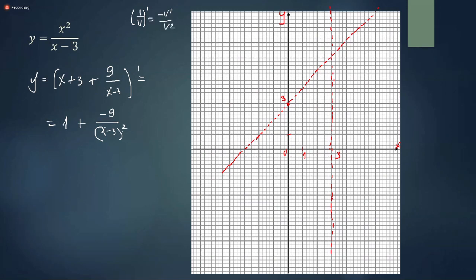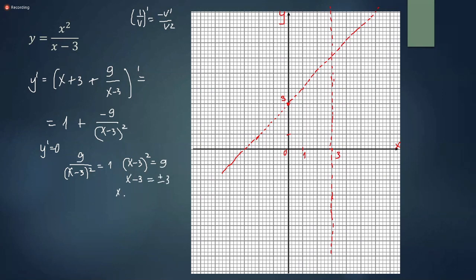The problem with this is, of course, that it might be a bit difficult to find the critical points. But let's see. The critical points happen if, of course, 9 over x minus 3 squared equals 1. So that means x minus 3 squared equals 9. So that means x minus 3 equals positive or negative 3, two possibilities.